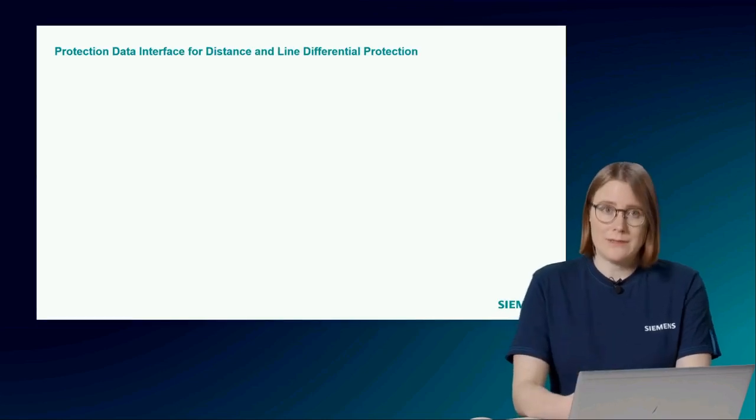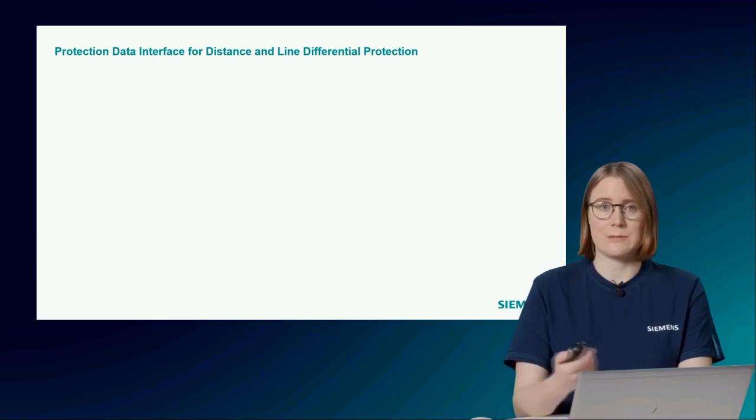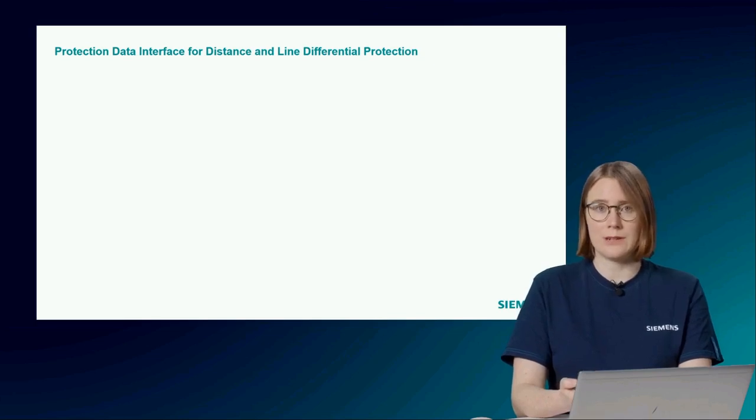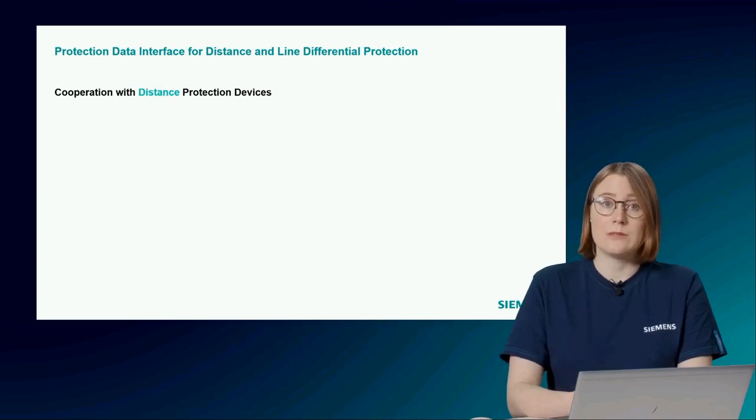Our Cipotec 5 devices can work together with Cipotec 4 devices in a line differential protection scheme, but can also cooperate with Cipotec 4 distance protection devices. We start with the use case distance protection.